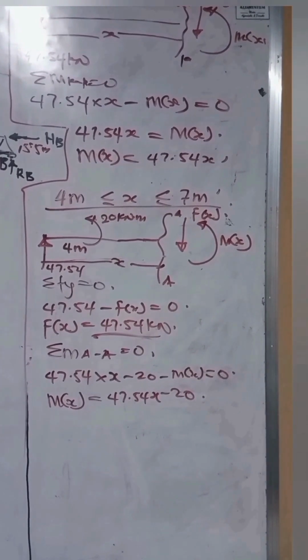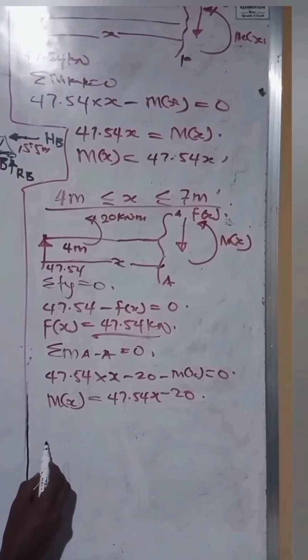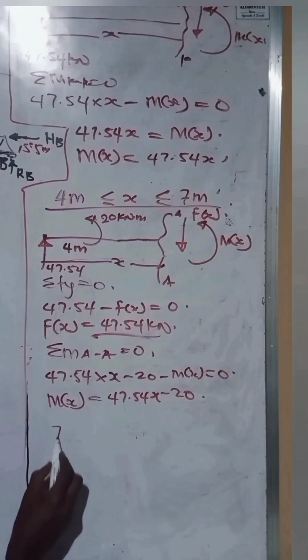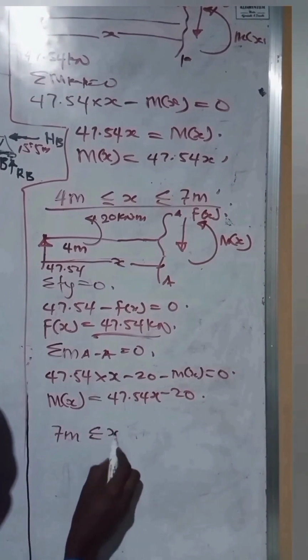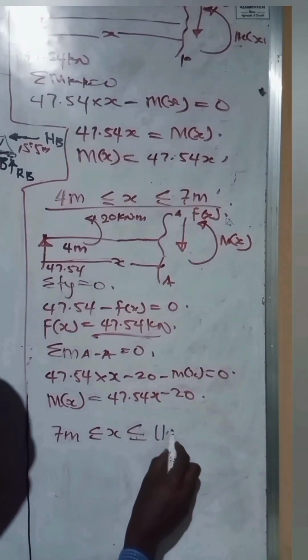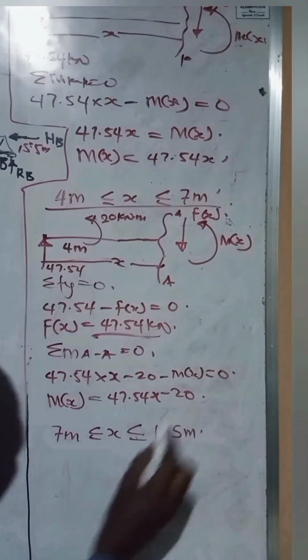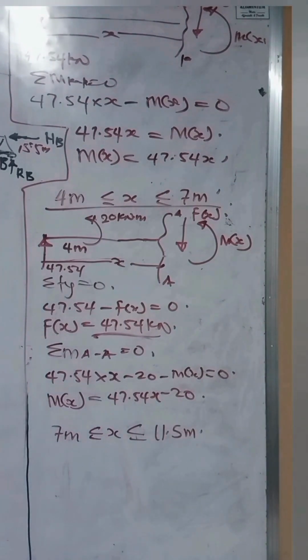All right, so let's take a section quickly. We can now take from 7 meters to 11.5 meters. So that is a range for X.